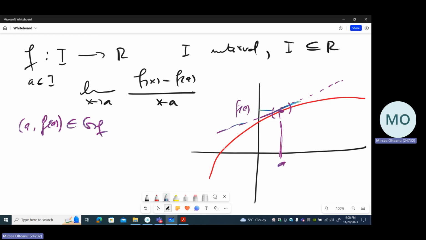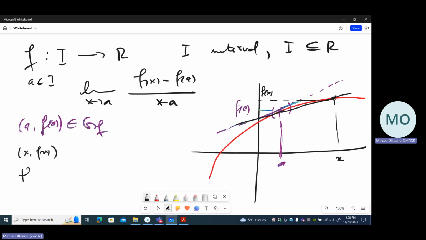So the idea, which goes back to Fermat, for example, is to take another point x in the domain of definition. So the point of the graph has the coordinates x, f of x, and consider the straight line which passes through these 2 points.